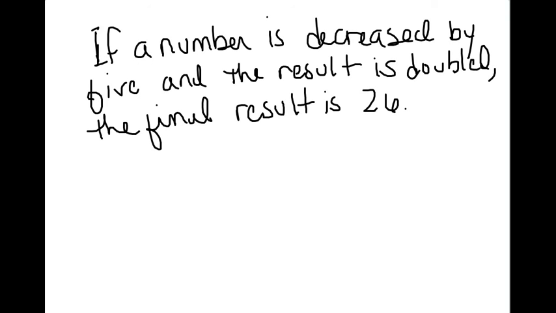So I want you to look at this, take a moment, underline the parts that make you think about math and math symbols. Think about what you want to do first and what it might look like.